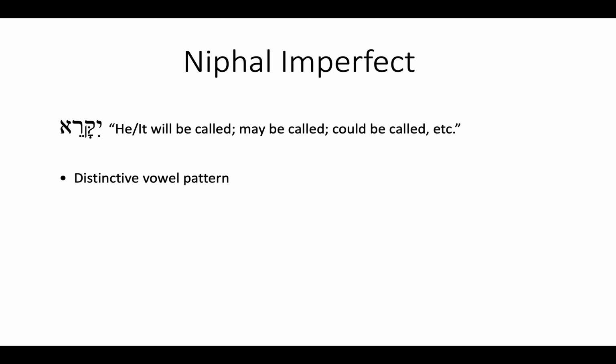But the imperfects, because they are the prefixed forms, in the battle of prefixes versus nuns, nuns clearly are going to lose. So the nuns in these have dropped out and they've become the dagesh in the first root letter. But this e, a, e is a very distinctive vowel pattern.